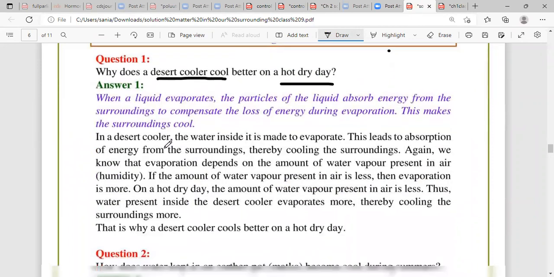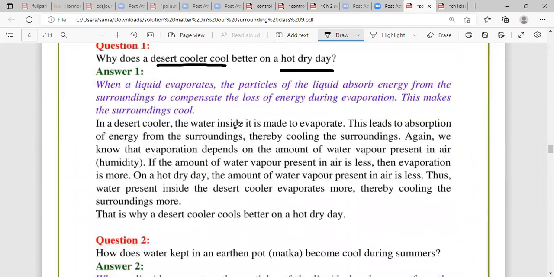See, in a desert cooler, the water inside it is made to evaporate. This leads to absorption of energy from the surroundings, thereby cooling the surroundings. We know that evaporation depends on the amount of water vapor present in the air. If the amount of water vapor present in the air is less, then the evaporation is more. So on a dry day, the amount of water vapor present in air is less.